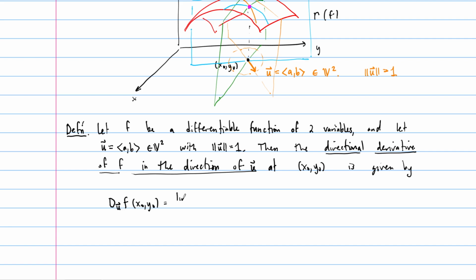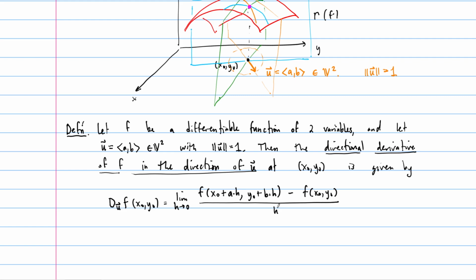This is going to be defined to be the limit as h approaches 0 of a difference quotient of f at x naught, because we have a fixed point, plus a times h, comma y naught plus b times h. All right, so there are tiny changes in both directions determined by our direction vector. So the a and b come from the direction vector u, and then the rest of the difference quotient is exactly what you expect: f of x naught comma y naught, all over h.